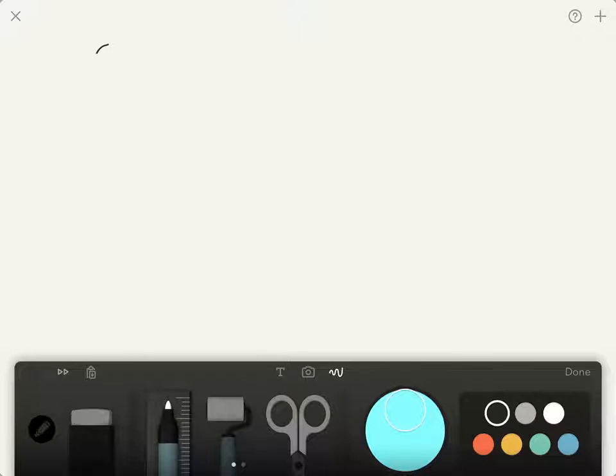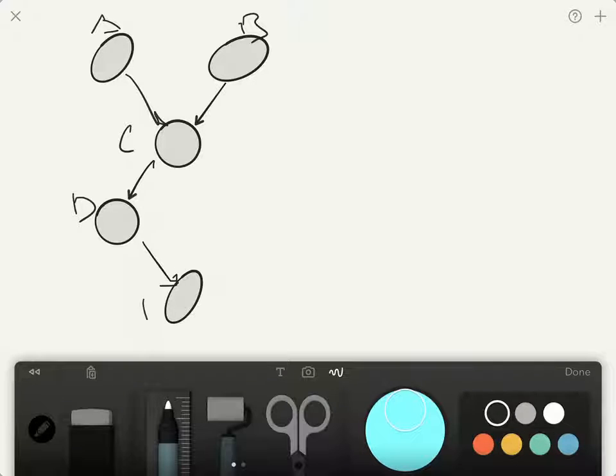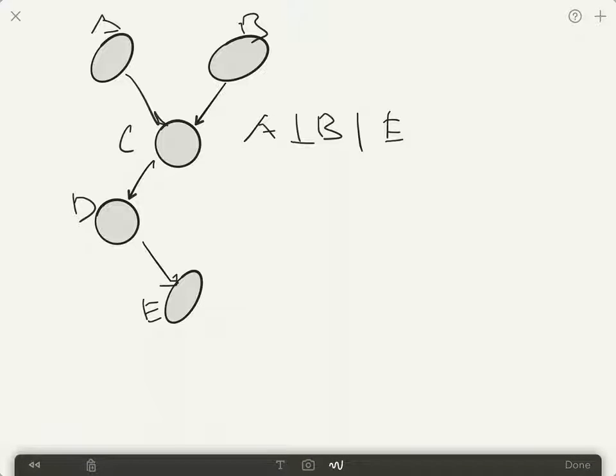Some simple examples. Let's take something like that. And now let's ask: is A independent of B given E? That was the last one I asked before, and we can answer it rather simply.